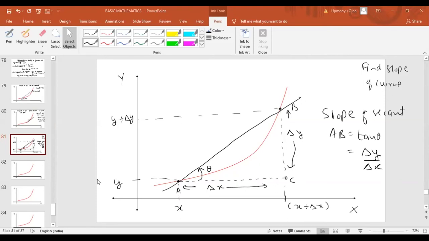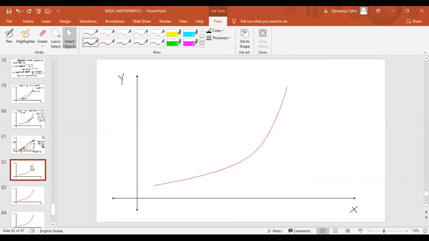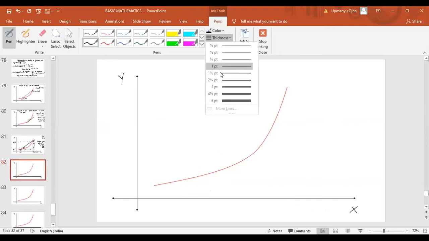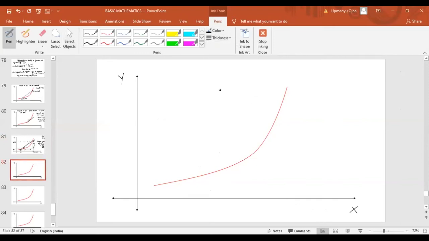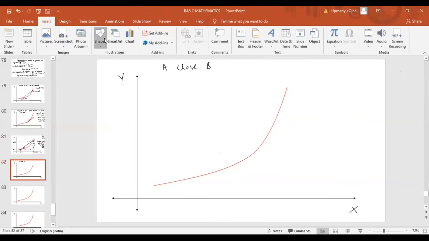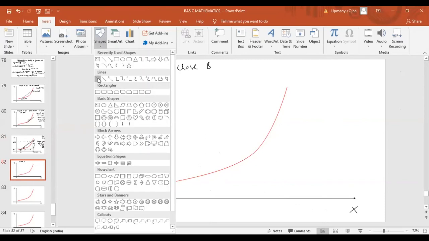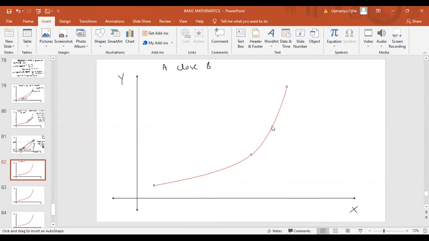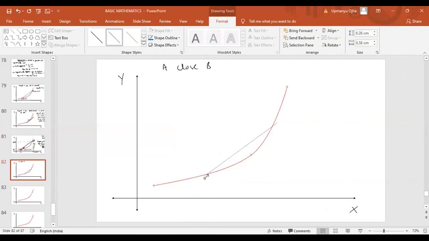Now if I bring this point A close to B, if I take 2 points on this curve like this, listen, the points are getting closer to each other.